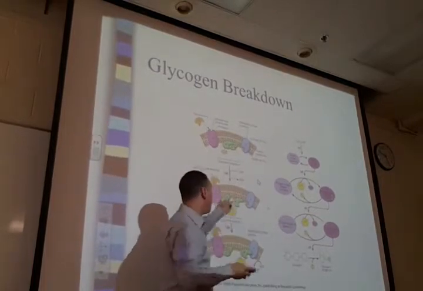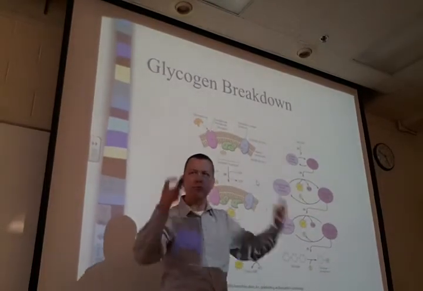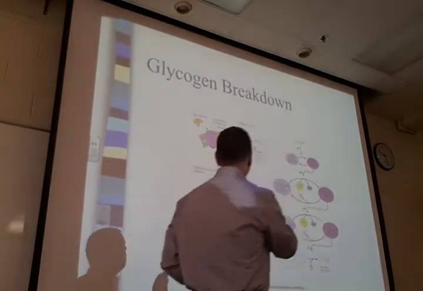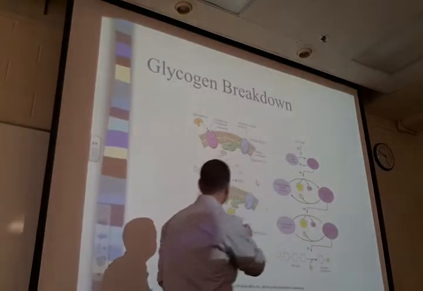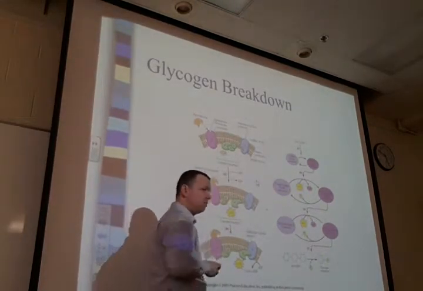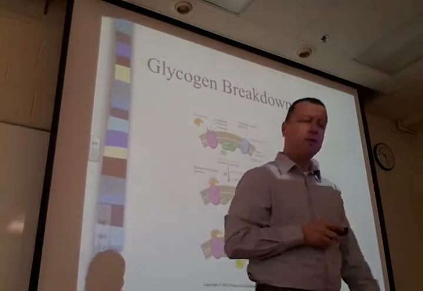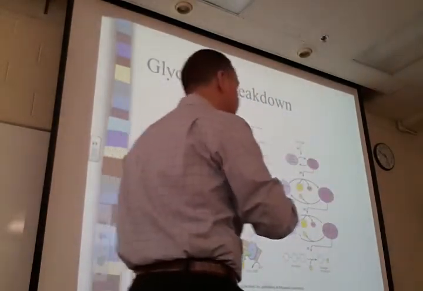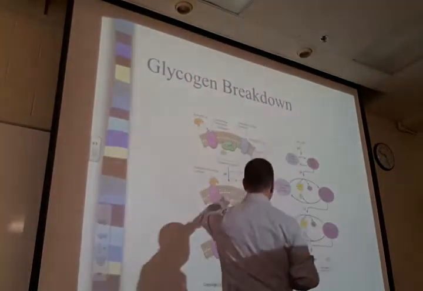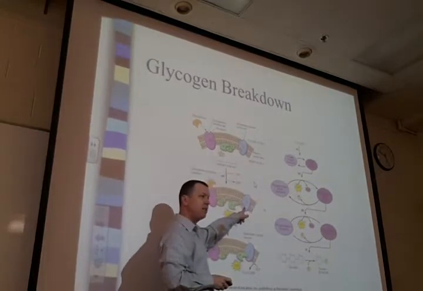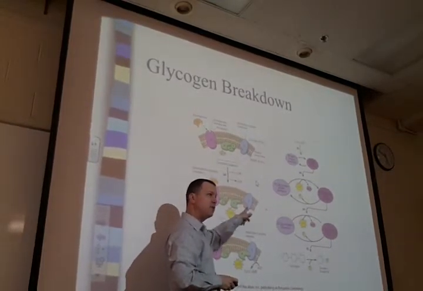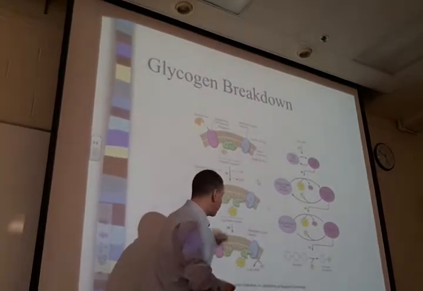Okay, so there's not just one G protein in your membrane, there are lots of them. So that activated receptor can activate multiple copies of that G protein, which in turn can then activate multiple copies of adenylyl cyclase. So both of those are amplification steps.